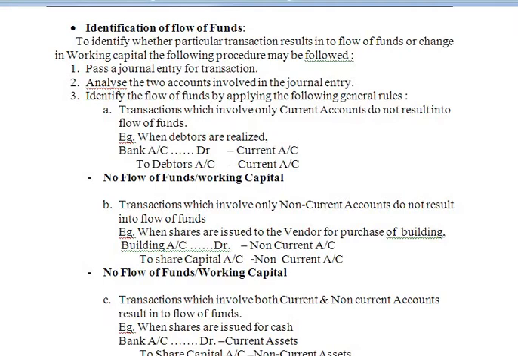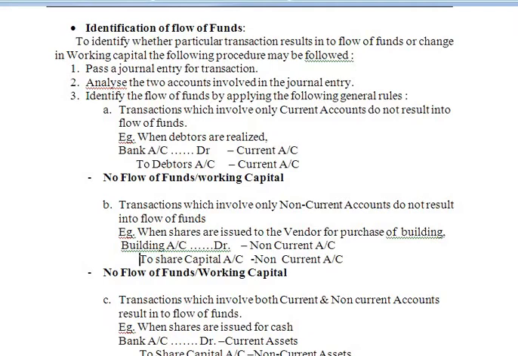Okay, now we'll discuss this example here. See, when shares are issued to the vendor for purchase of building. Okay, the firm is purchasing the building from a vendor, and in return they are not paying cash, they are issuing the shares. Okay, in this case the journal entry is building account debit to share capital account.